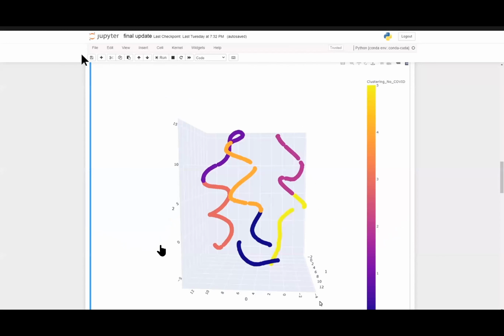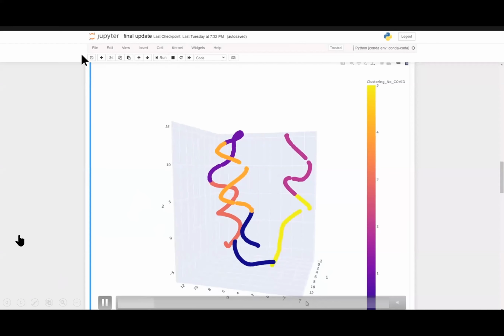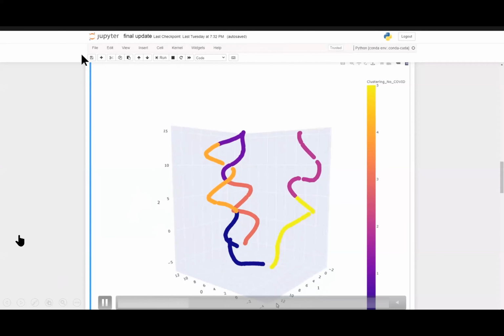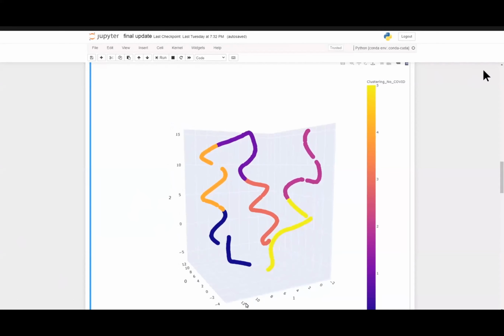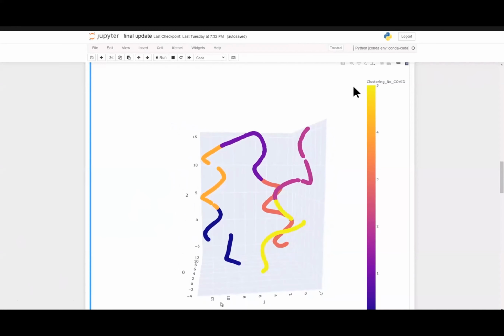Can you go to the next? Yeah. Then in 2D, it was a little difficult for us to understand those clusters. So then later we have generated a 3D graph so that we can better understand those clusters and look at them.